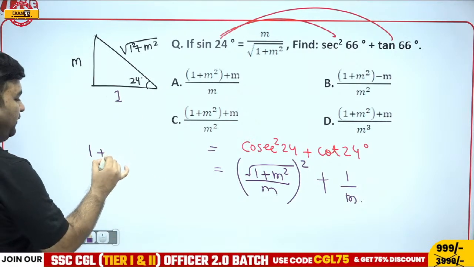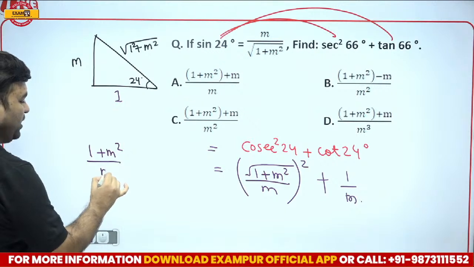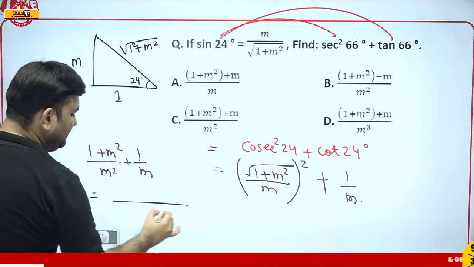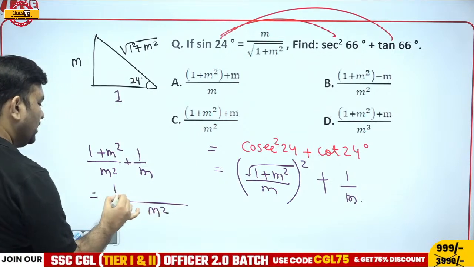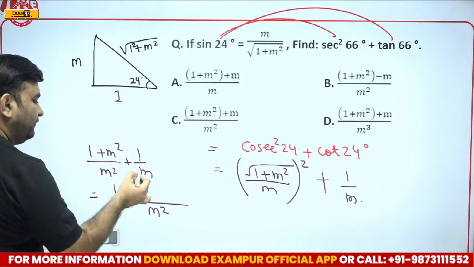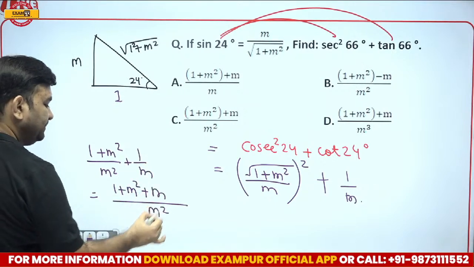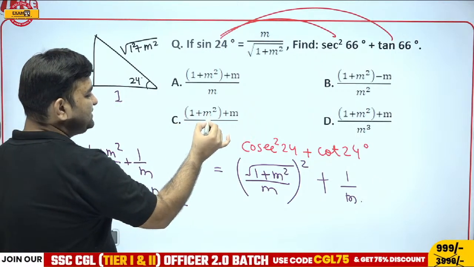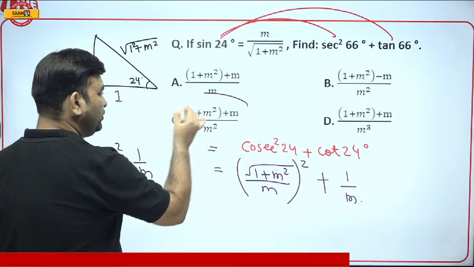So 1 plus m square over m square plus 1 by m. Take the LCM m square. So 1 plus m square plus m upon m square.